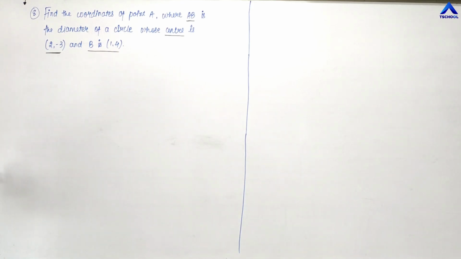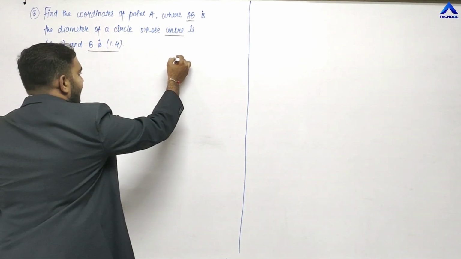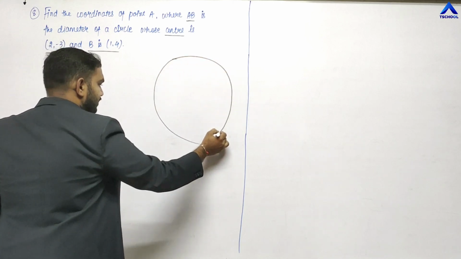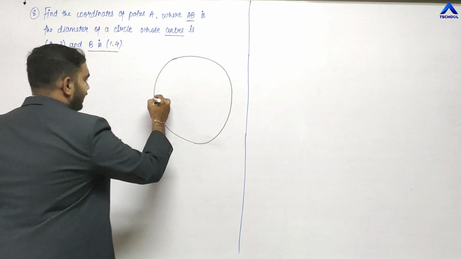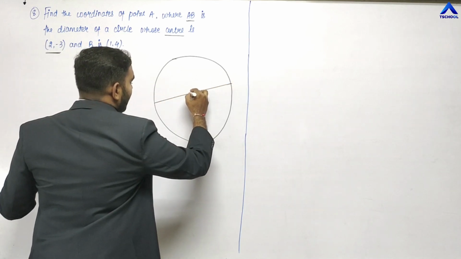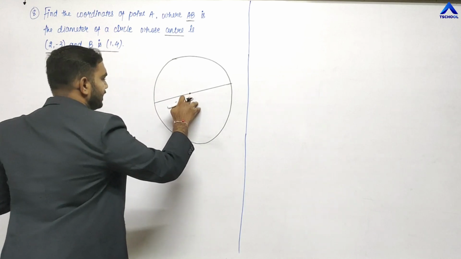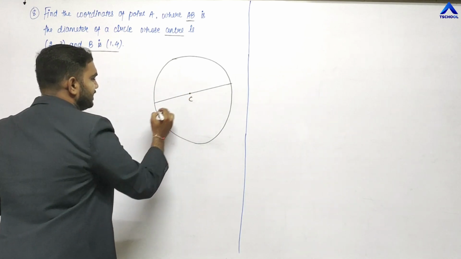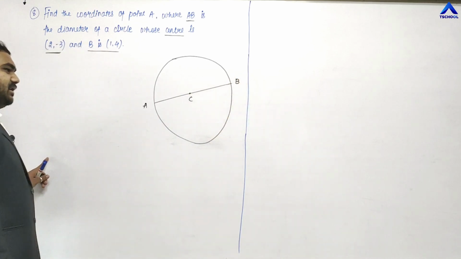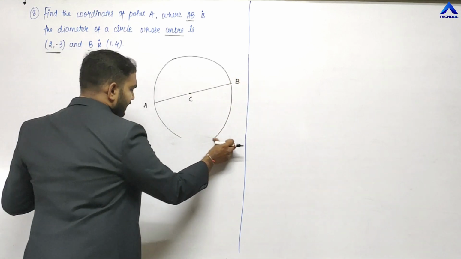So from this question we can find out that the given situation represents a circle having a diameter AB where center, let me name the center as C, and this is our diameter passing through the center of the circle, right?